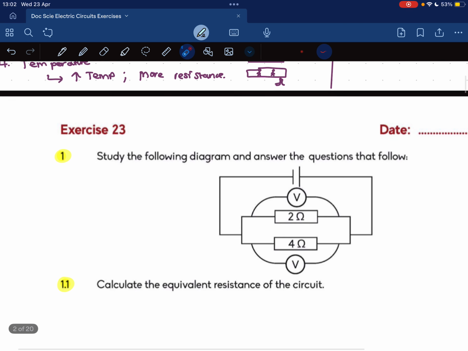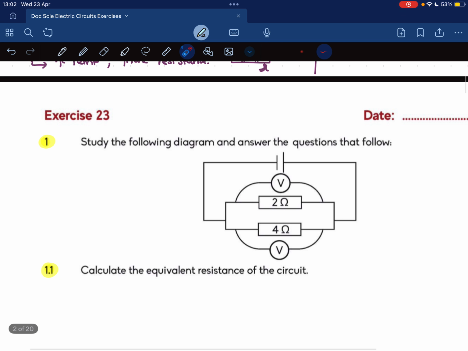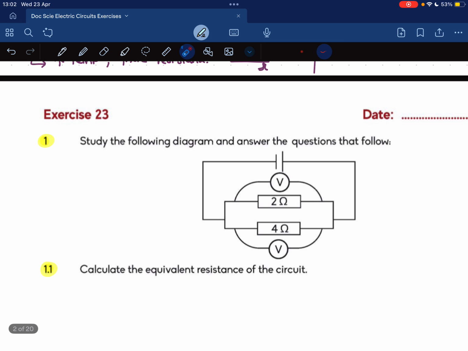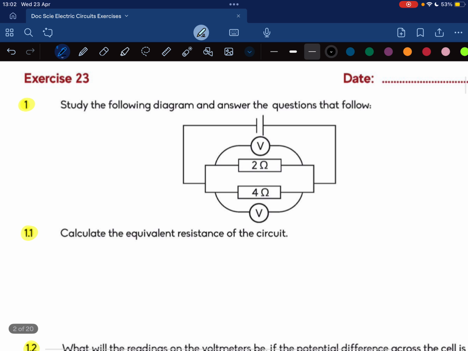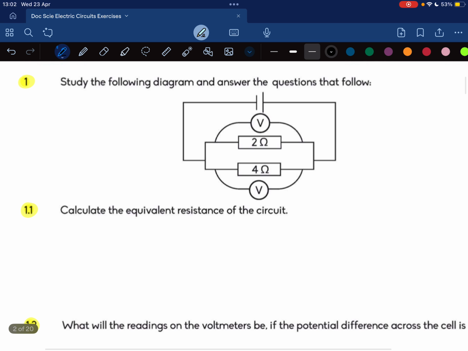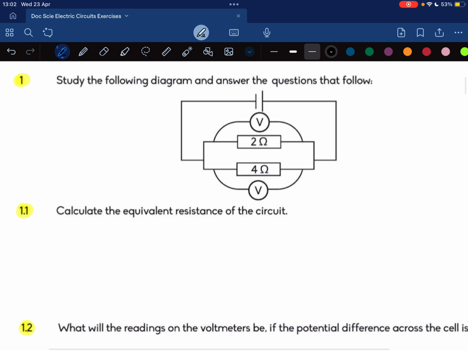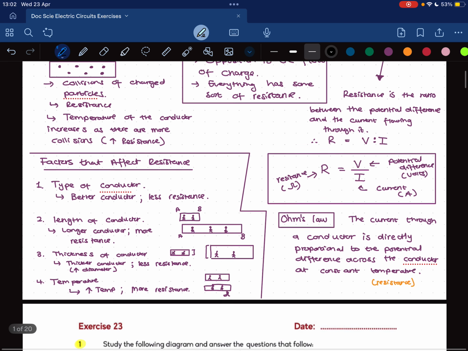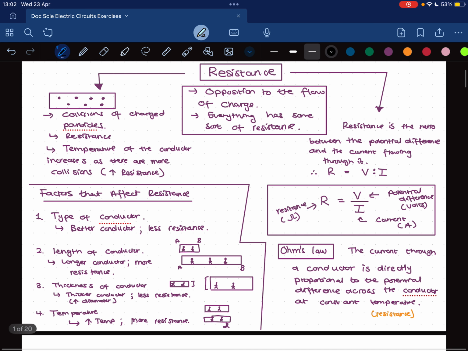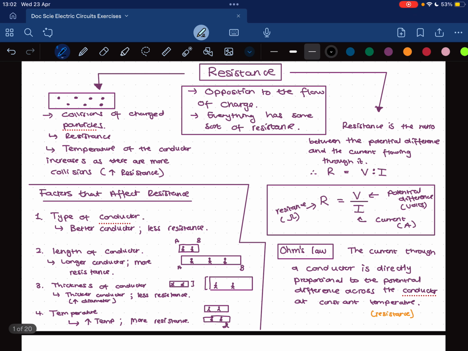So let's look at your textbooks, on page 91, exercise 23. I will do the first few questions with you. It says, study the following diagram and answer the questions to follow. You're given the following circuit diagram. It says calculate the equivalent resistance of the circuit. That's something I should have actually mentioned on calculating the resistance.